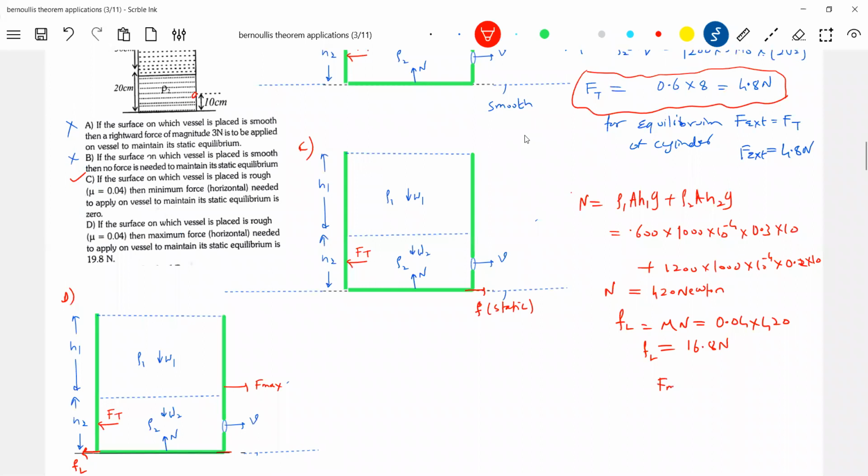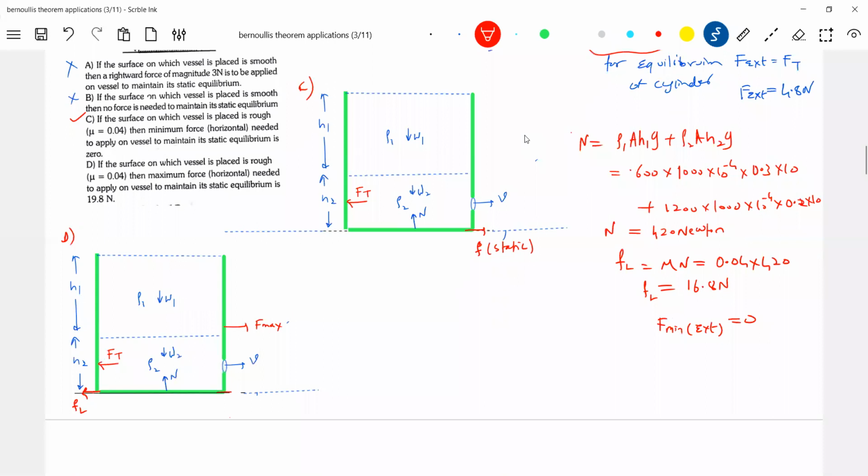So what is the F minimum needed? Will be 0. Now option D will check it. So definitely what will happen? I should apply force. This is external. What is the maximum external force I can apply? It should be equal to F thrust plus F limiting.